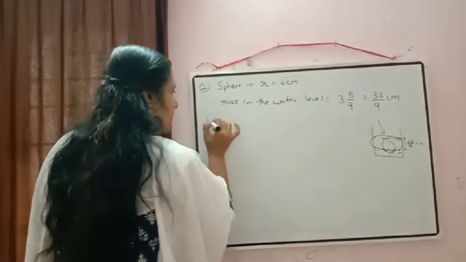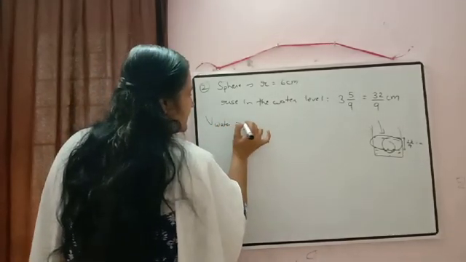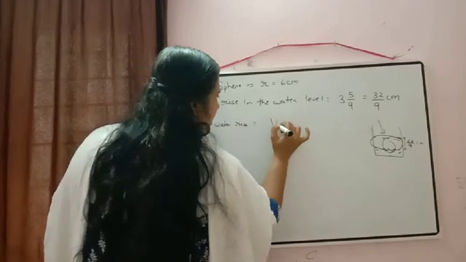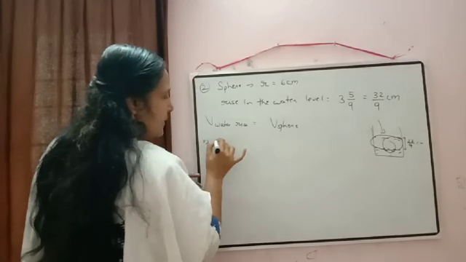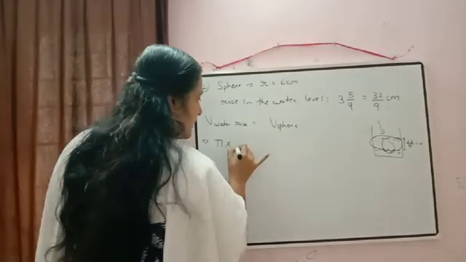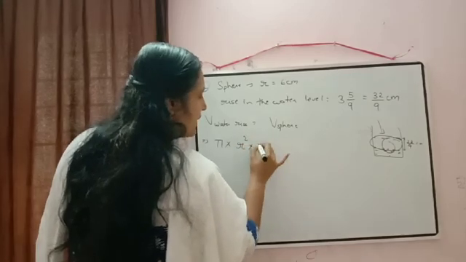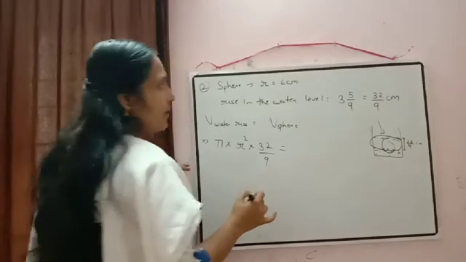Write down: volume of water rise is equal to volume of sphere. So volume of water rise will be equal to pi into radius, which we don't know and have to calculate, so pi into r square into 32 by 9 is equal to the volume of the sphere.